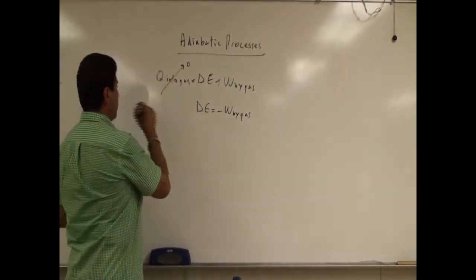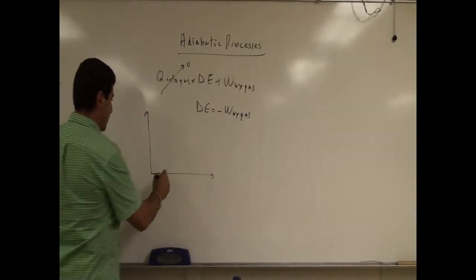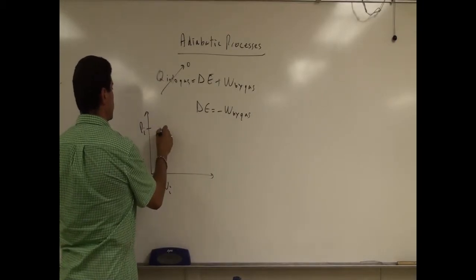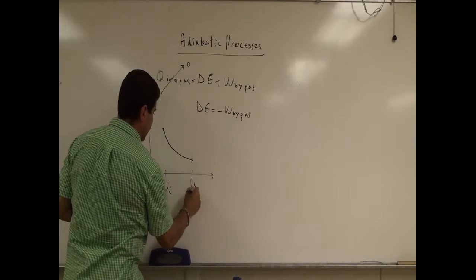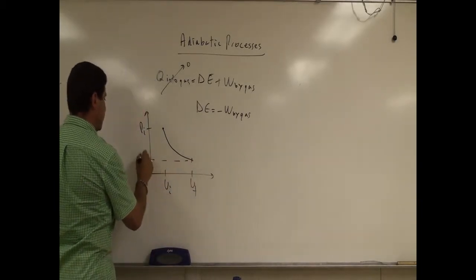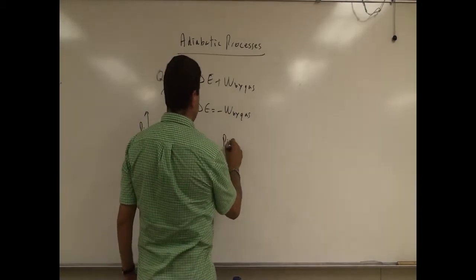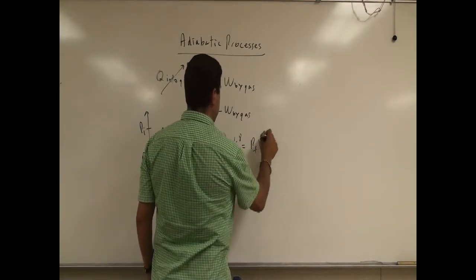So what does the PV diagram of an adiabatic expansion look like? Well, if this is V initial, P initial, the pressure and the volume will drop to some V final, and this is P final, and the equation is that P initial, V initial to the gamma is equal to P final, V final to the gamma.